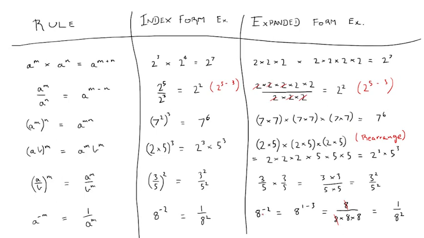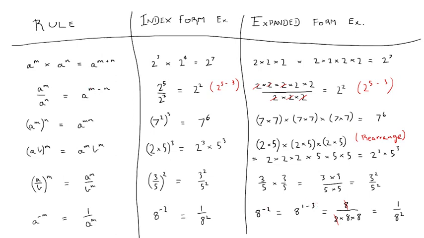Now, for 8 to the power of negative 2, we're using the previous index law. I wonder if you can see which one it is. We're actually using this index law, and we're saying that negative 2 is the same as 1 minus 3.